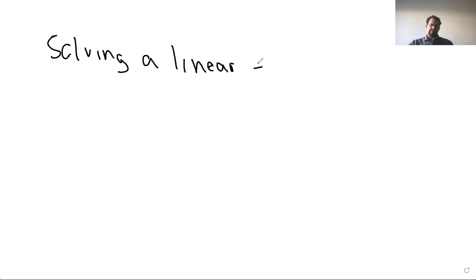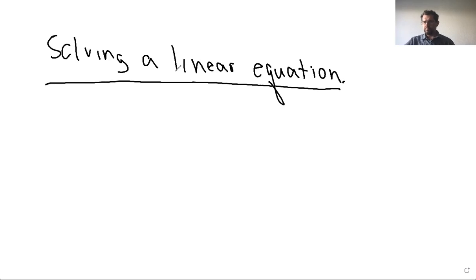The last thing we're going to take a look at, and this is the biggest component, is solving a linear equation. We have two properties.